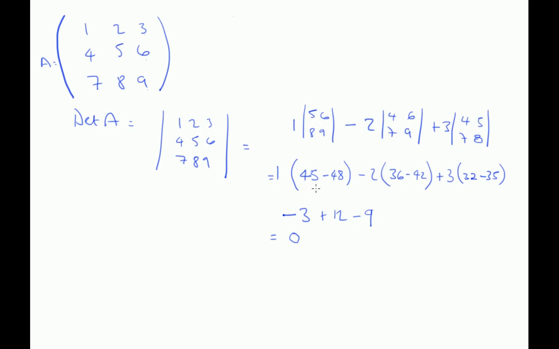We can look at these determinants of the minors, so these values here, which is minus 3 in this case, 36 minus 42 is minus 6, and then 32 minus 35 is minus 3.